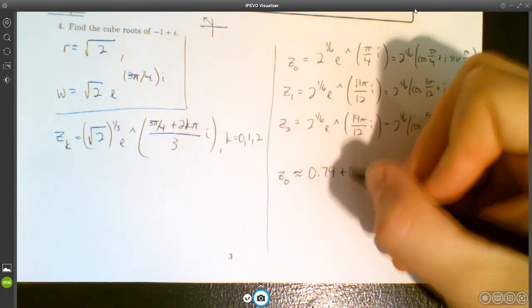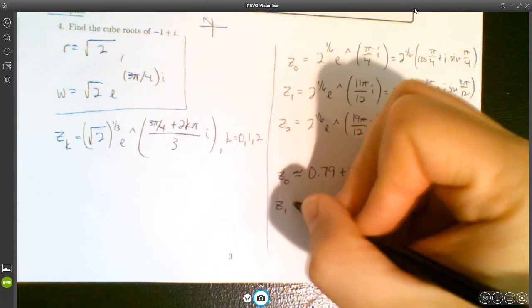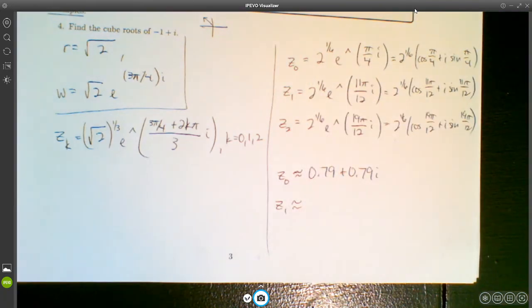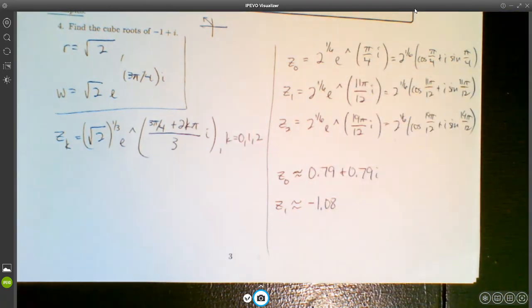So plus 0.79 I. z sub 1 is going to be approximately, I'm going to change the pi over 4 to 11 pi over 12, that's approximately negative 1.08.